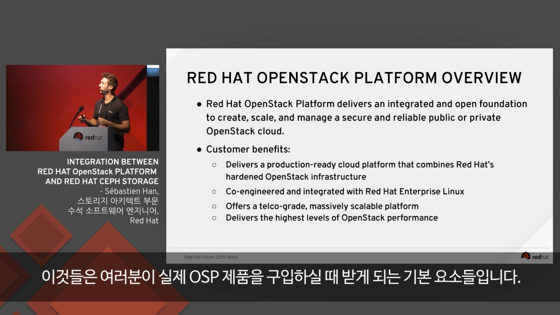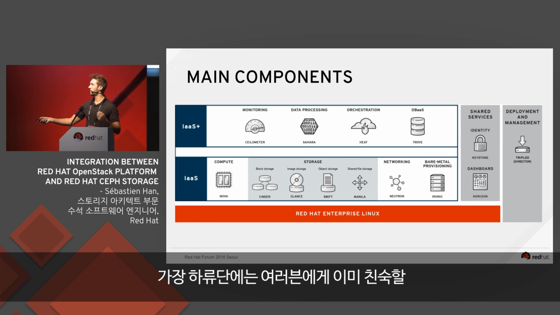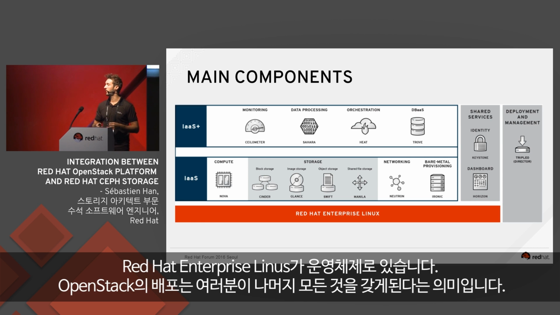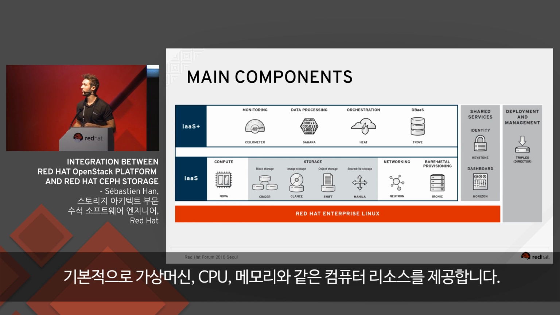These are the basic components that you get when you get the Red Hat OSP product. So at the very bottom, something that you might be familiar with already, we have the Red Hat Enterprise Linux operating system. And the distribution of OpenStack is everything else. It's everything that you get. So if we start with the infrastructure as a service layer, the first component we have is called Nova, which brings compute resources, basically virtual machines, CPU, memory.